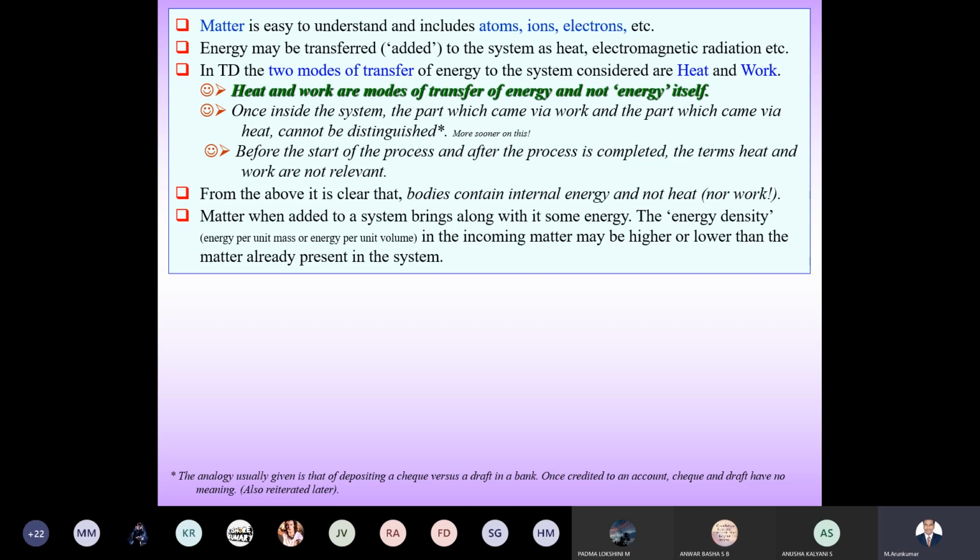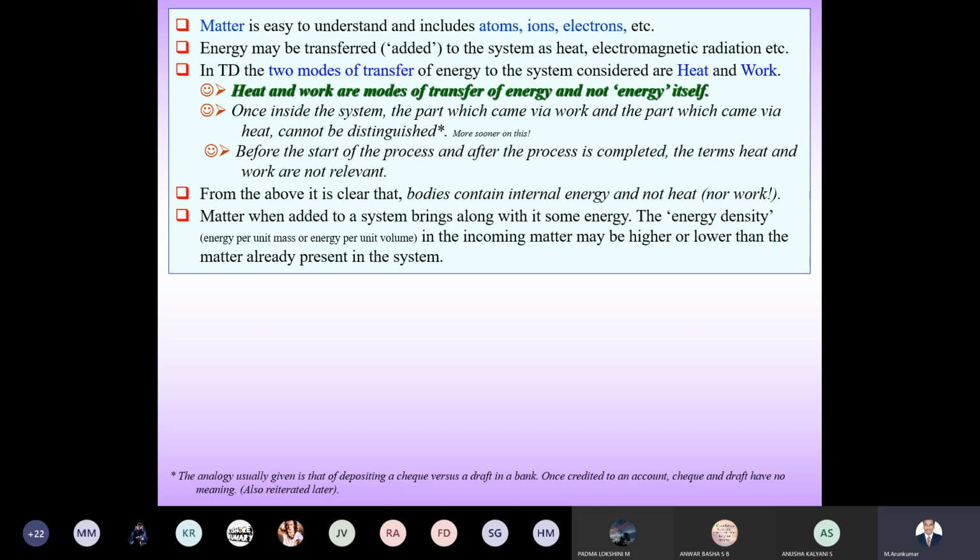Once inside the system, a part which came via work and a part which came via heat cannot be distinguished. Heat and work are linked together. Before the start of the process and after the process is completed, the terms heat and work are not relevant.